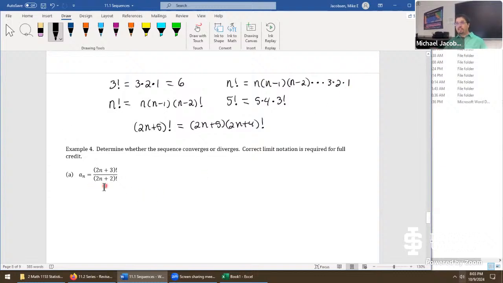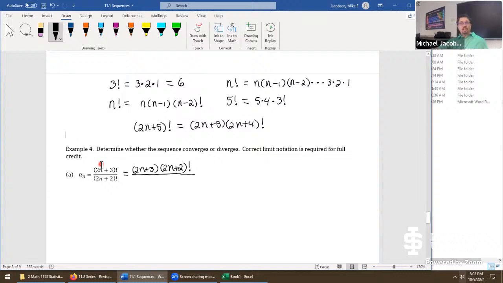So for this one, looks like our last problem for the day, we could break this down as, if it's a 2n plus 3 factorial, that means you take 2n plus 3, you're going to multiply it next by 2n plus 2. But right here, we should stop and not keep on listing out terms because we already have a 2n plus 2 factorial down below.